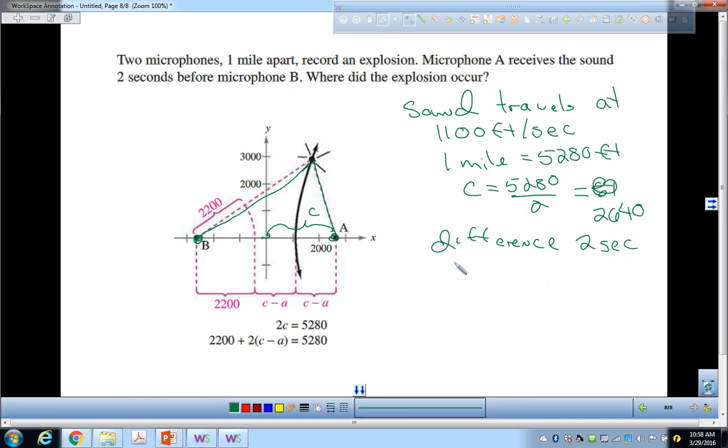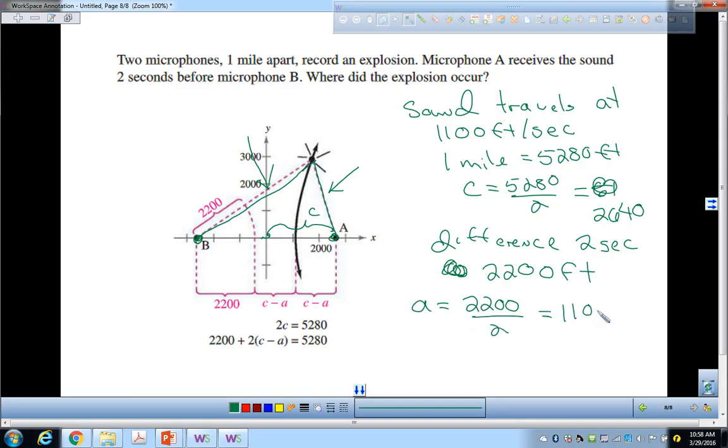So that means that the difference between this minus this is equal to 2,200 feet, okay? And it also turns out that a is equal to that difference divided by 2. So it's equal to 2,200 divided by 2, which is equal to 1,100.